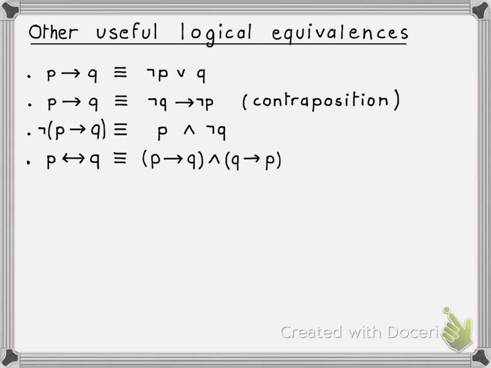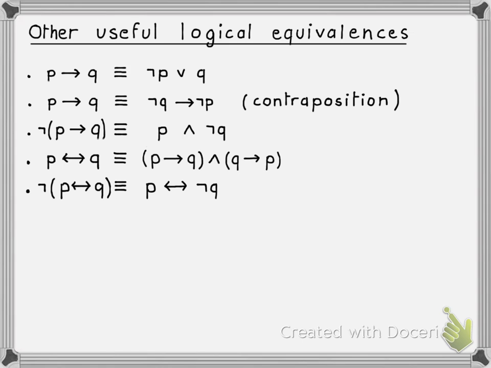So let's move on to the last logical equivalence for now. And what it states is that if it's not the case that P biconditional Q, in other words, it is not true that P and Q have the same truth values, which is what the biconditional means, then it must be the case that P and Q have different truth values. And since there are only two truth values, true and false, it may be the case that one is a negation of the other.